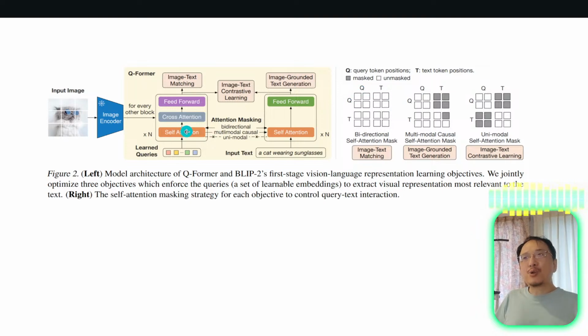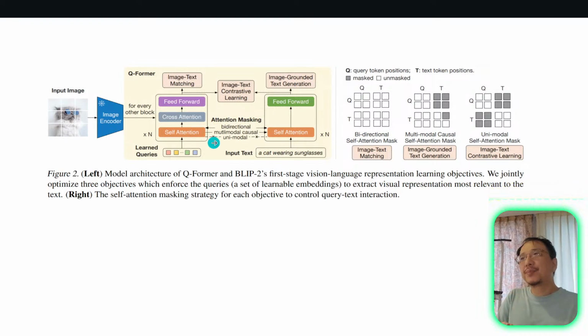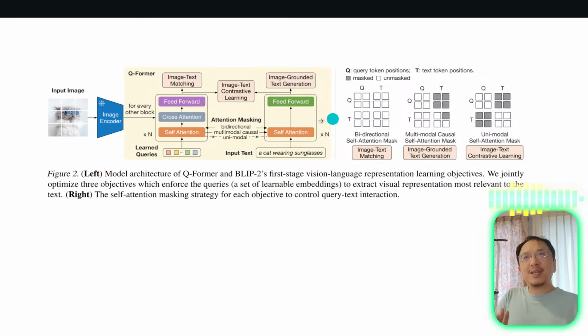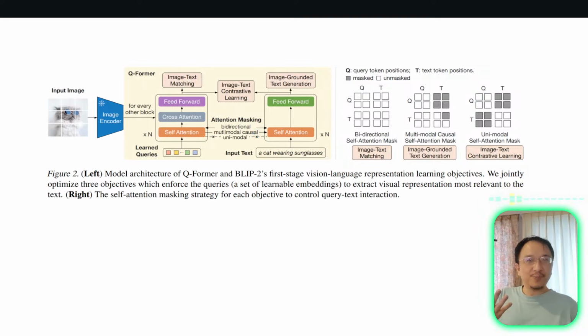The self-attention takes the queries and the input text all together. But by just modifying the mask, what I was saying was, if you want to do self-attention, there has to be a self.